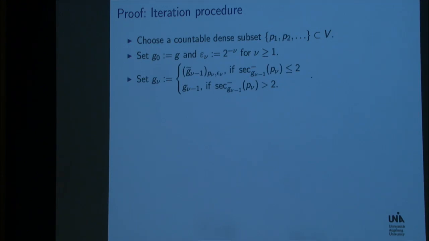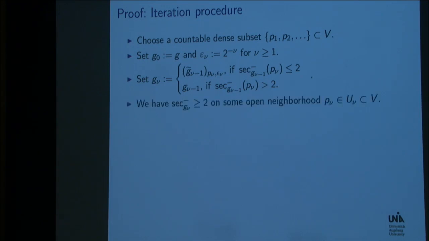And now the iteration procedure works like that. If the minimal sectional curvature at the point P nu, when we pass from nu minus 1 to nu, is bounded above by 2, we apply the previous step, and then we get a new metric looking like that around P nu. And if this minimal sectional curvature was already bigger than 2, then we leave it as it is.